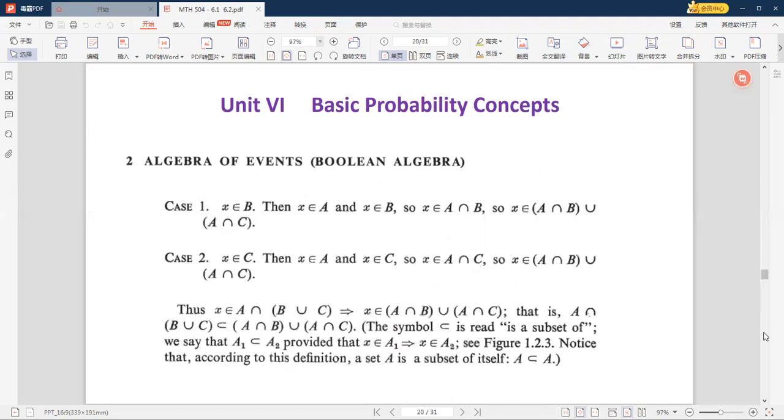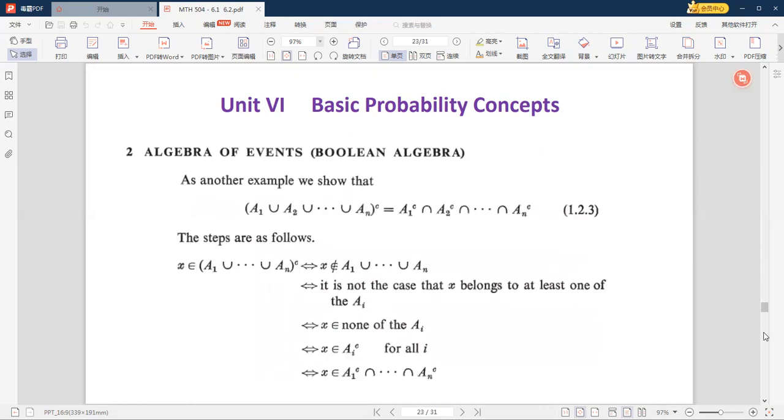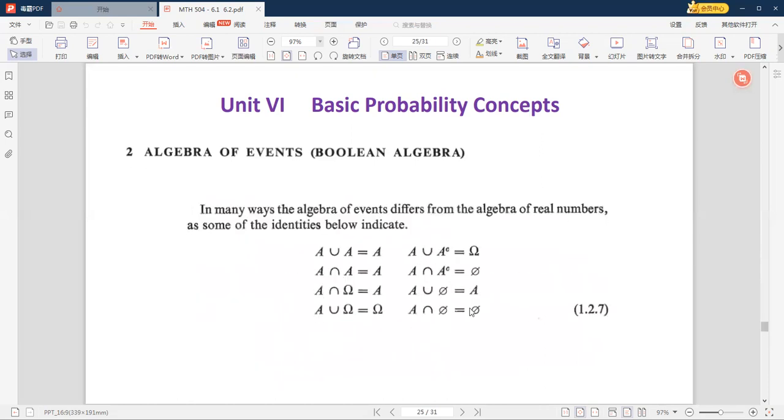But not all of them work the same way as numbers. Some properties of events or sets do not work in the same way as numbers. Some of them do, but not all of them.